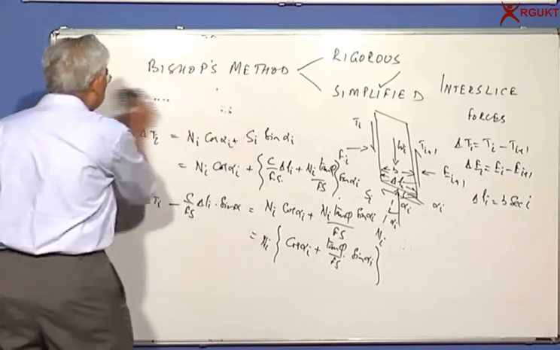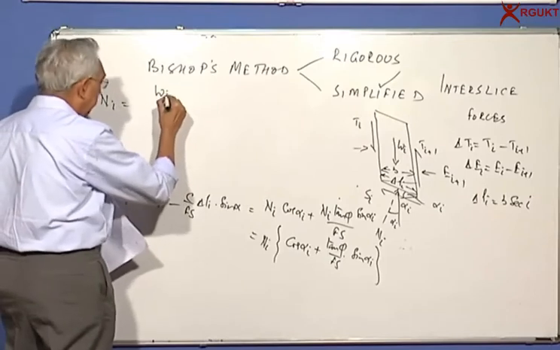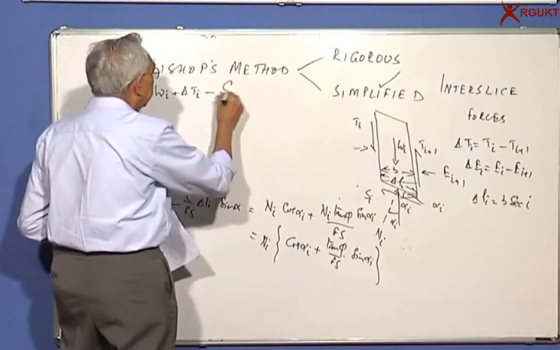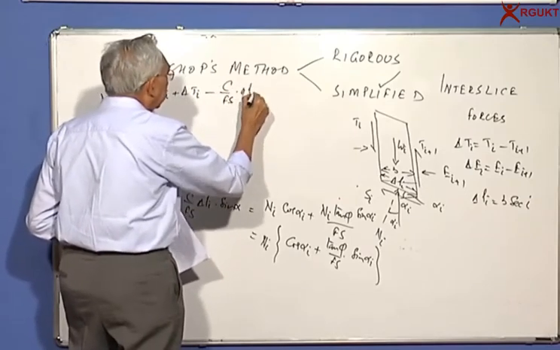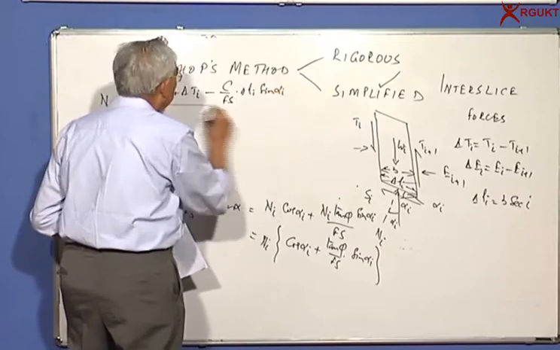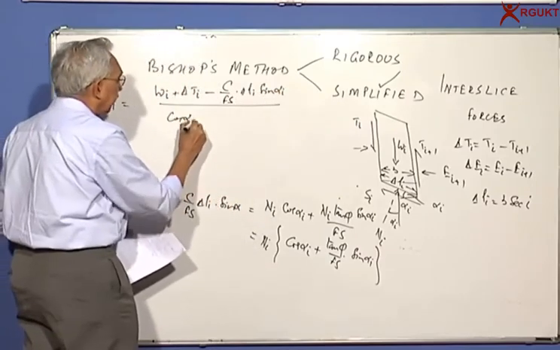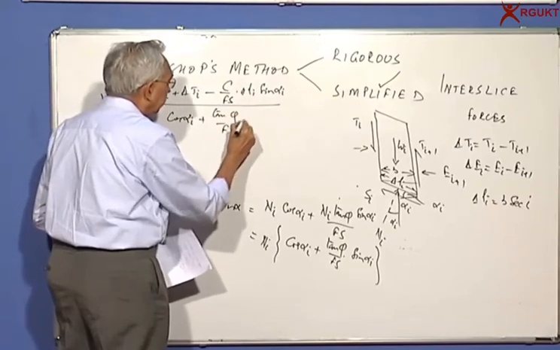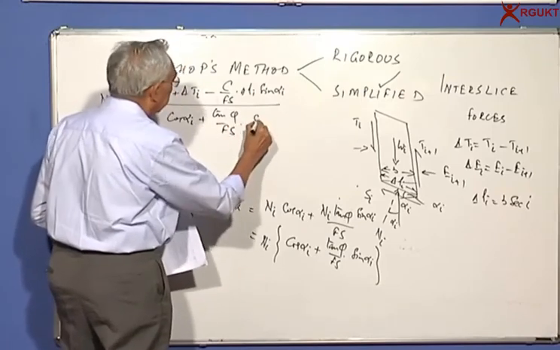So now we can solve for Ni is equal to Wi plus delta Ti minus C by factor of safety into delta Li sin alpha i divided by cos alpha i plus tan phi by factor of safety into sin alpha i.